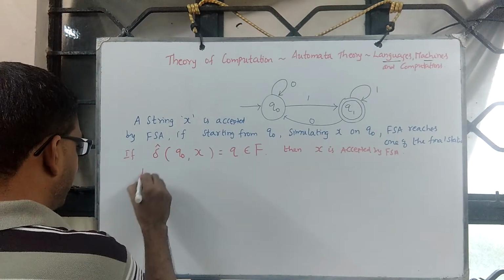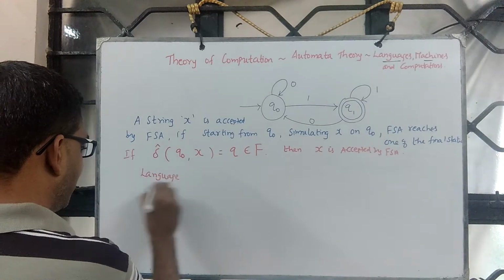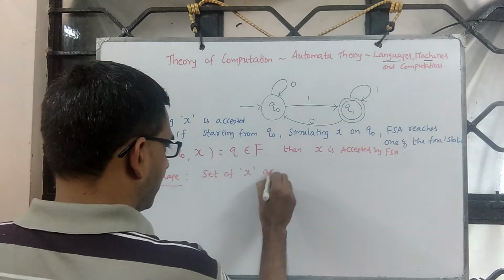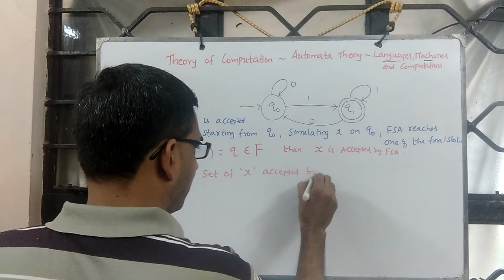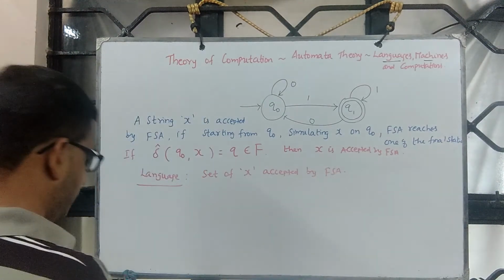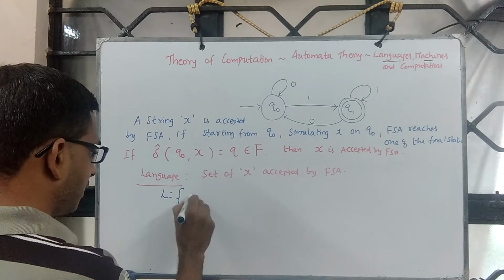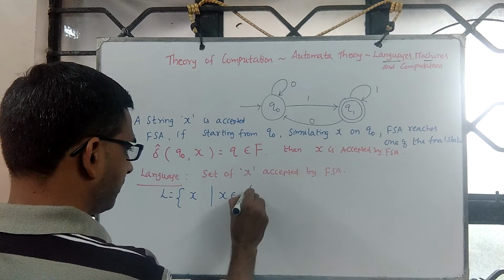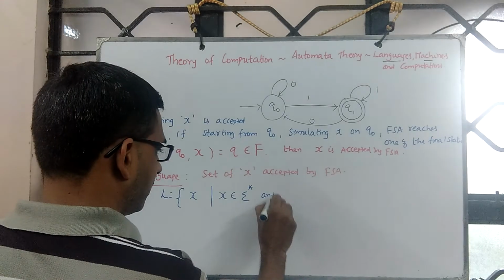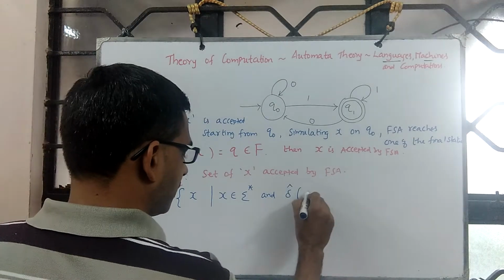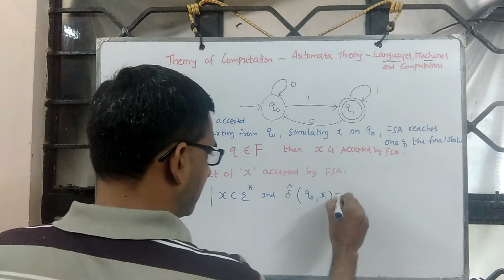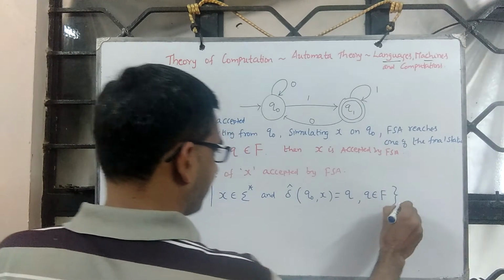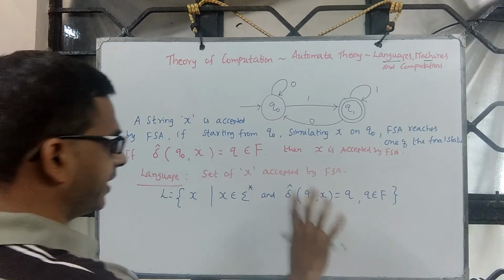So what is a language? A language is the set of x accepted by the FSA, which means language L is all those x, and where do the x come from? x is coming from sigma star, and delta cap of start state comma x takes me to q, and q belongs to F. This is precisely my language.